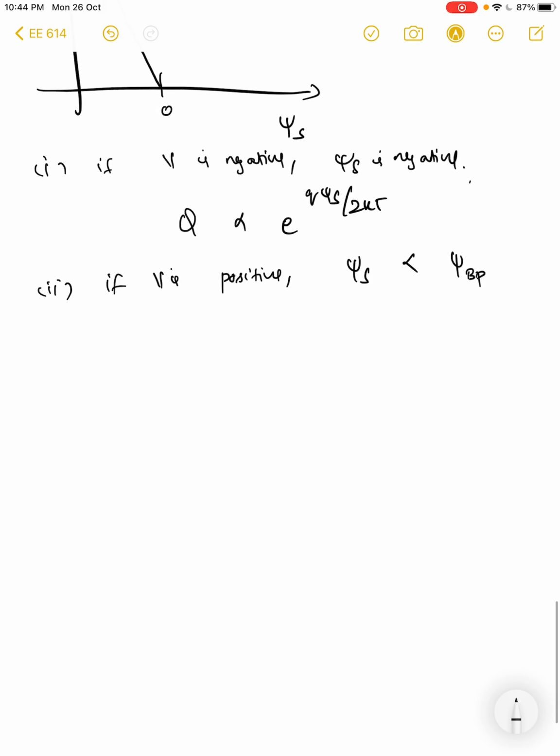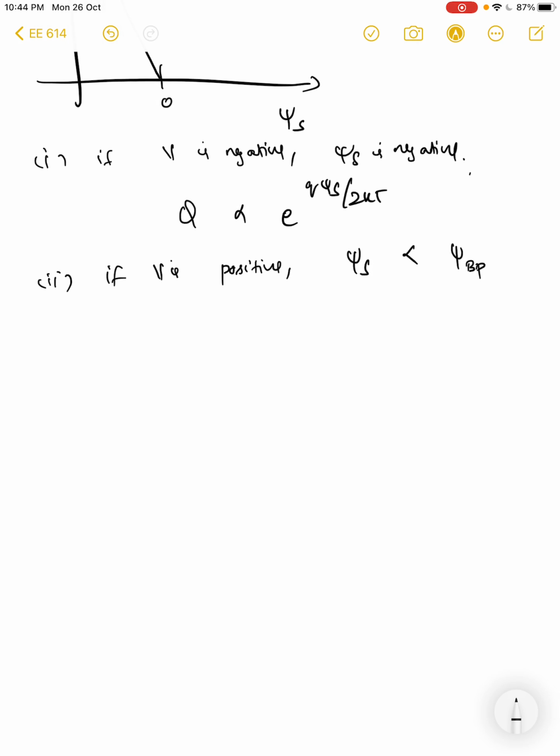So basically here psi s is the deviation of the intrinsic level from the surface to the bulk, right? So all we are trying to say is the charge density at the surface is smaller than the doping or majority carrier density in the substrate, and this is proportional to the majority carrier density in the semiconductor, right?